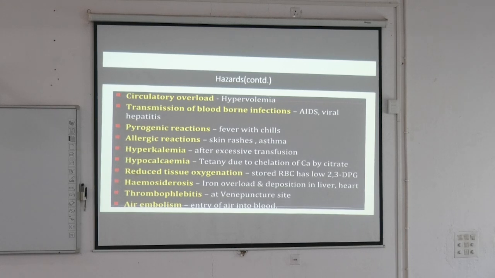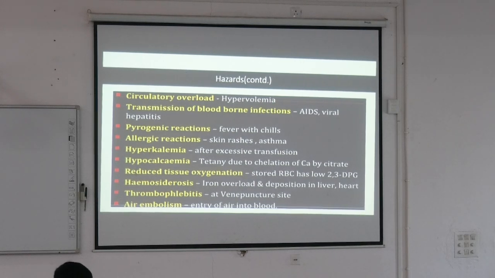So even if the blood group is matched and there is no incompatibility, the patient would have chill, rigor, fever. The containers which store the blood were not pyrogen free in those days. With the advent of technology, we are using pyrogen free containers, so the patient doesn't have any pyrogenic or fever reaction.